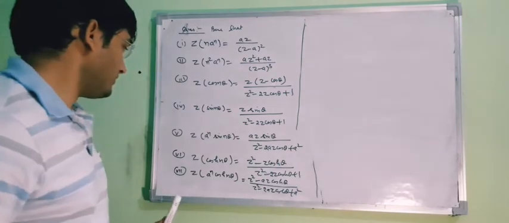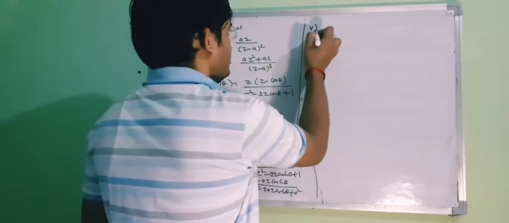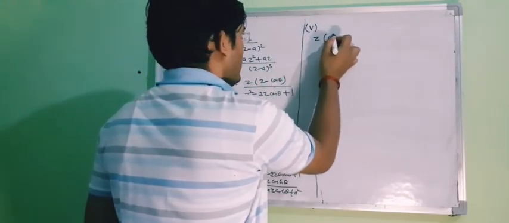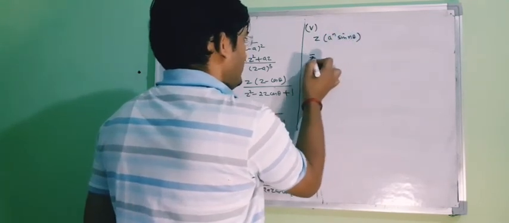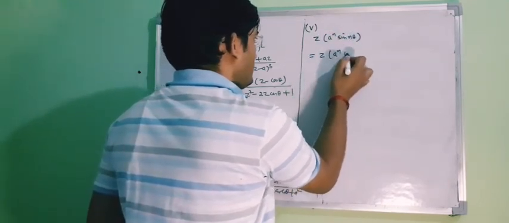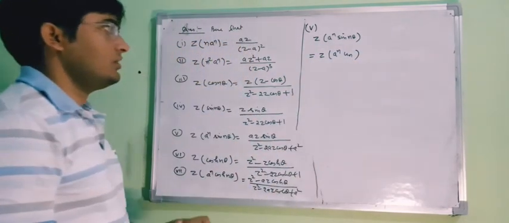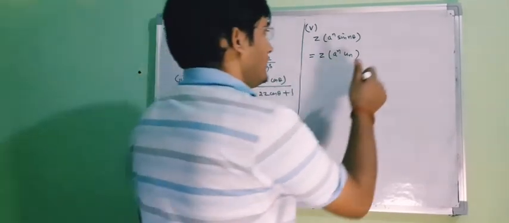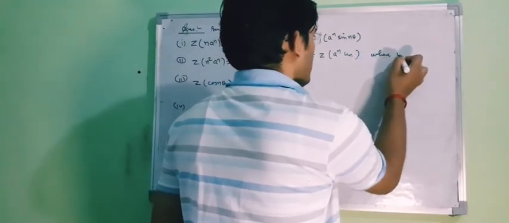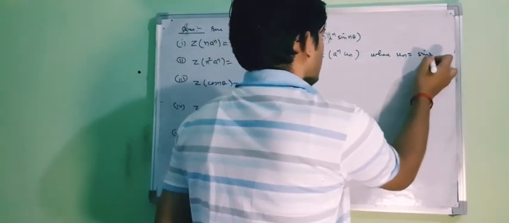So solution for the fifth part, z transformation of a power n into sin n theta. So we can write it as z transformation of a power n into u n, where u n is sin n theta.